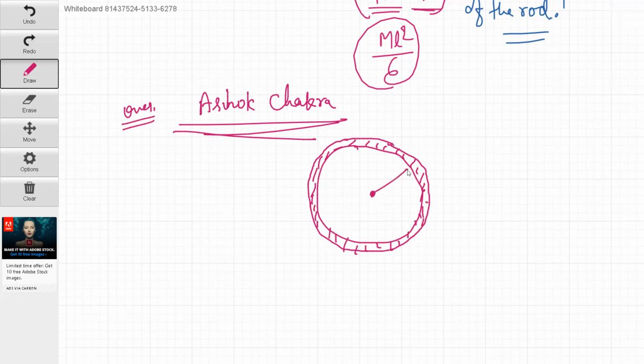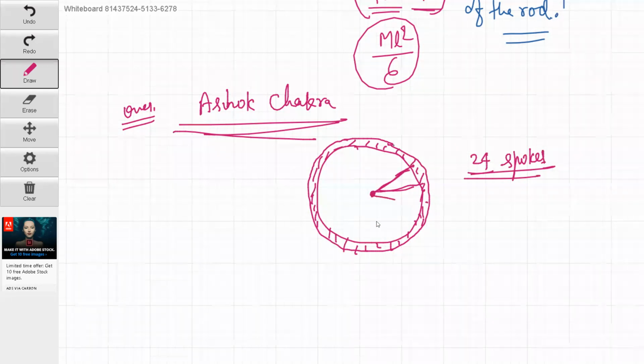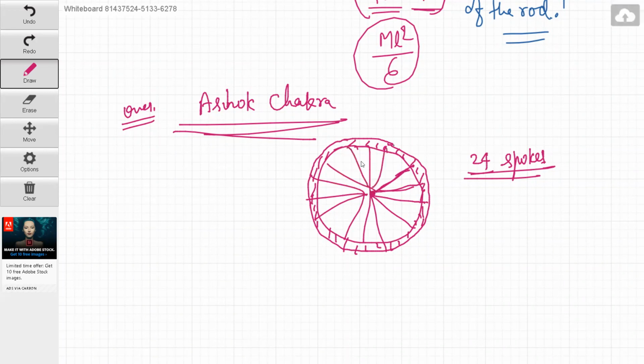Do you know how many spokes are in Ashok Chakra? 24. 24 spokes, which tells that in one day there are 24 hours. Is this okay? I am not drawing all 24, but you have to assume this is 24.